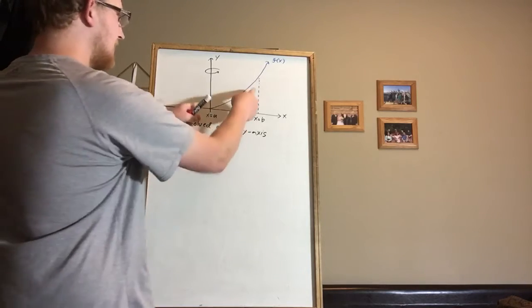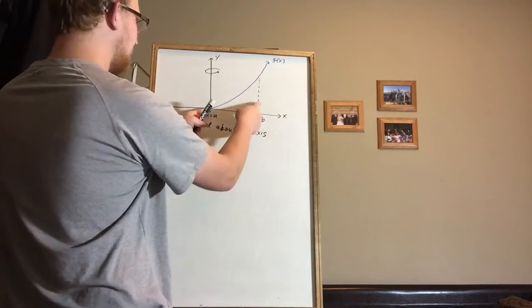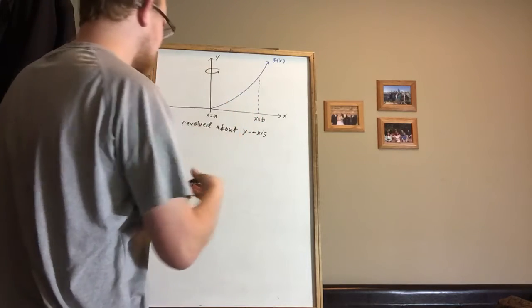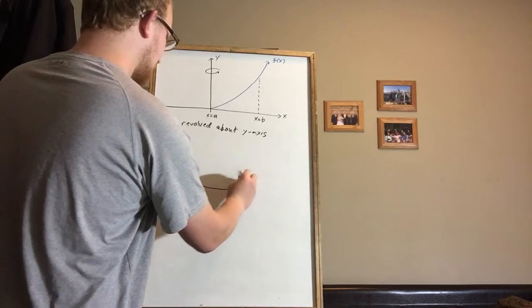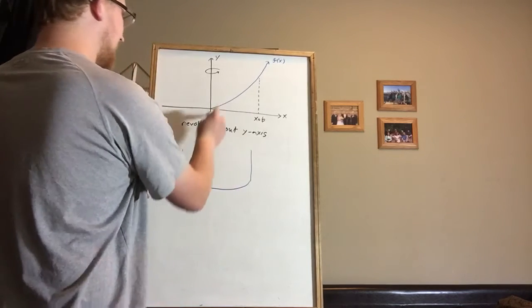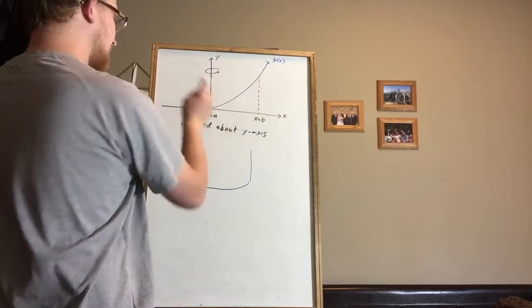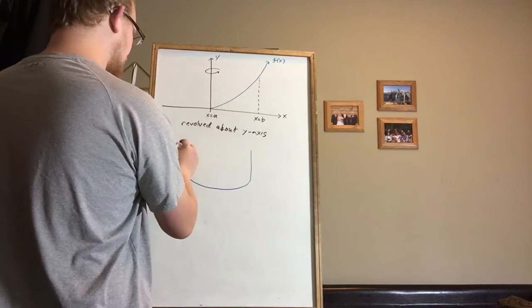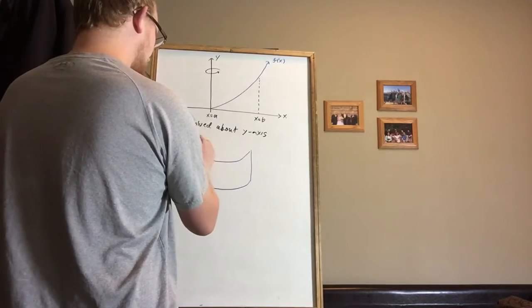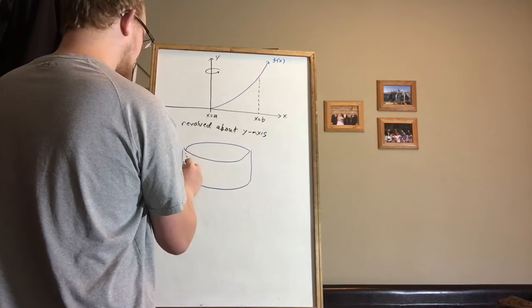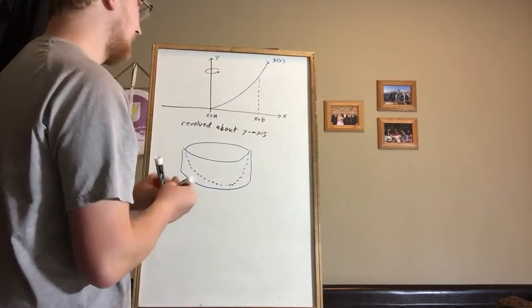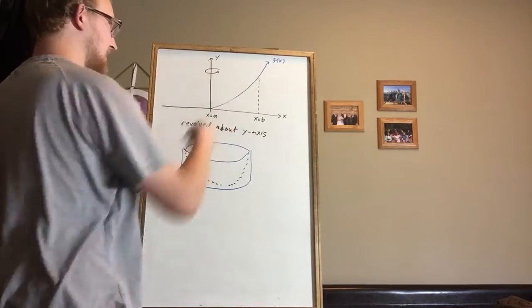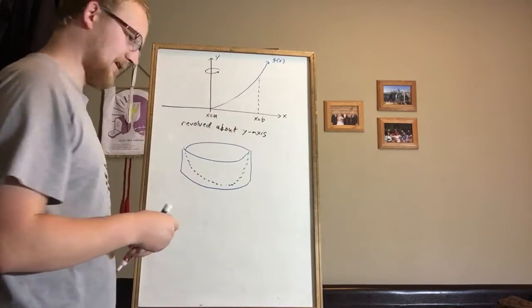So if I revolve from A to B here, if I revolve this around the y-axis, I would end up with some sort of a bowl that would have a cylindrical exterior, and then some sort of a paraboloid or spherical interior where this inner part of the curve would be rotated.